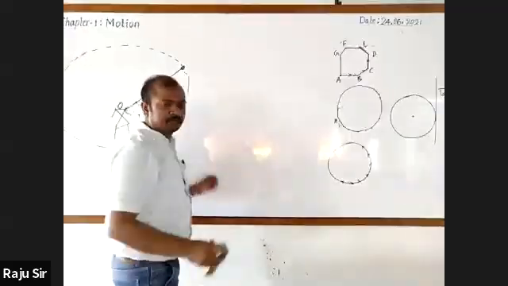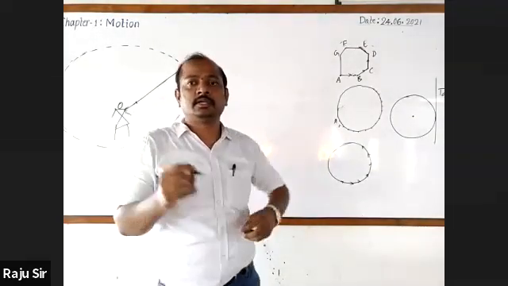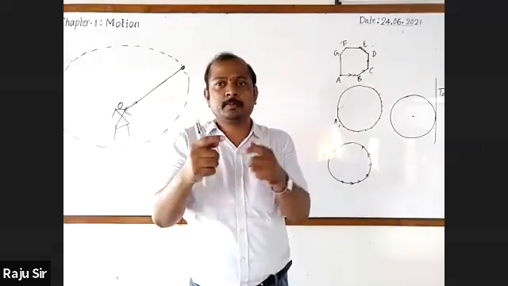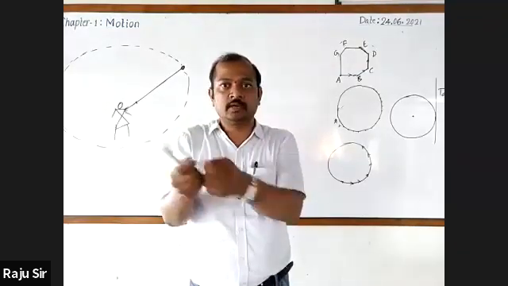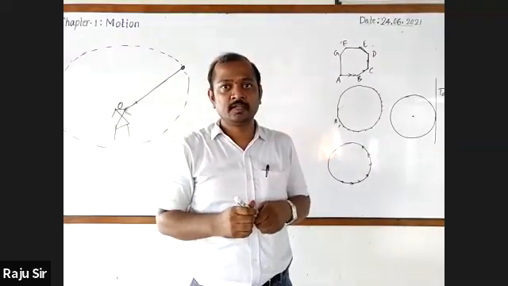Now, I'll give you one situation, that is sharpening a knife. There will be a circular stone. When it is being rotated and you hold the knife to it, you can observe many sparks coming, right?